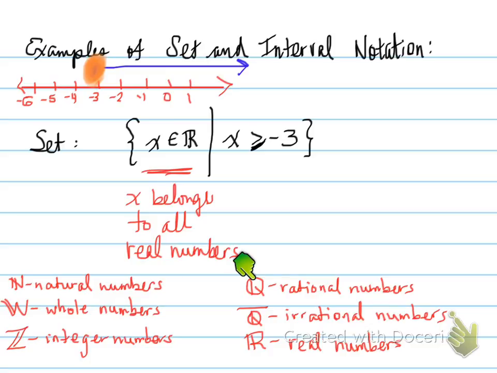Those are known as rational numbers. Any number that can be expressed as a fraction, any decimal that can be expressed as a fraction, is known as a rational number. And then there are such things as irrational numbers. Those are decimals that never repeat and never terminate, such as pi. That is a number that is known as irrational.